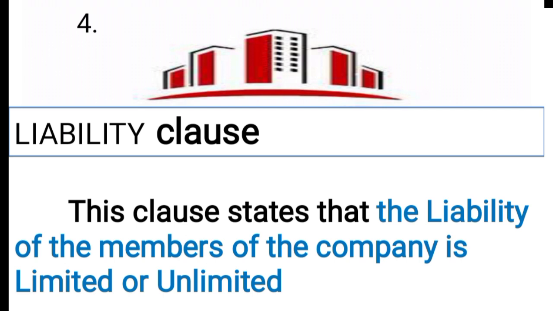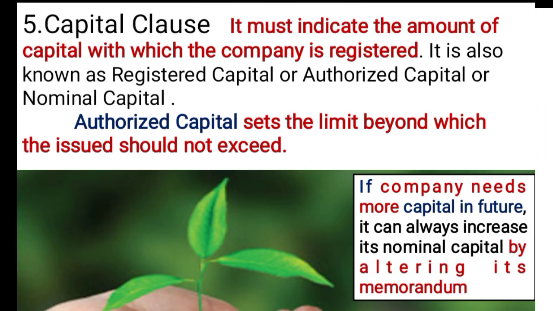This clause states that the liability of the members of the company is limited or unlimited. Fifth clause, a very important clause, that is the capital clause. It must indicate the amount of capital with which the company is registered. It is also known as registered capital or authorized capital or nominal capital.